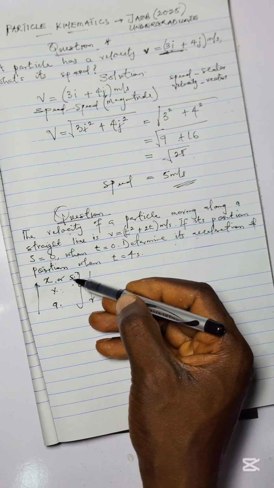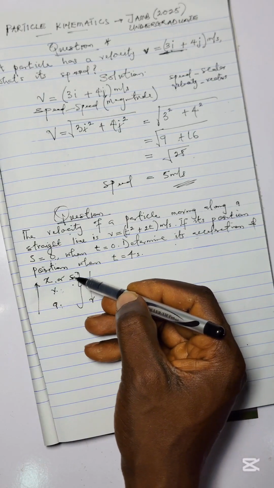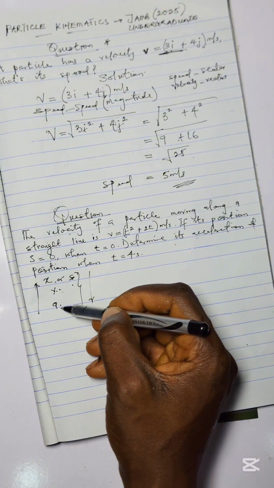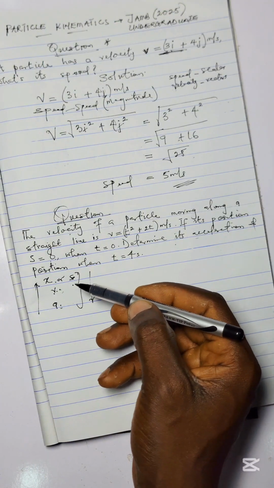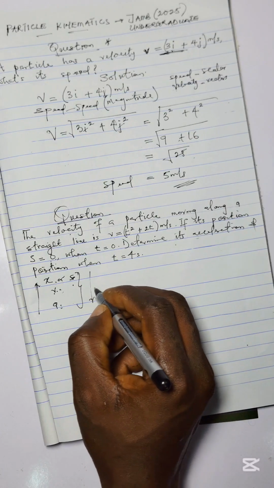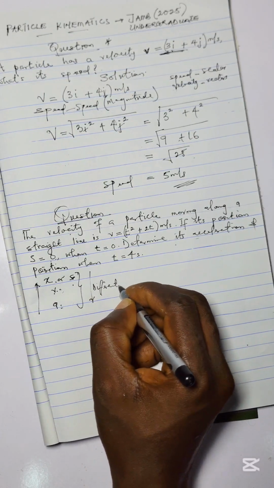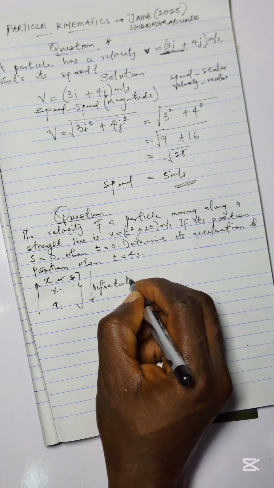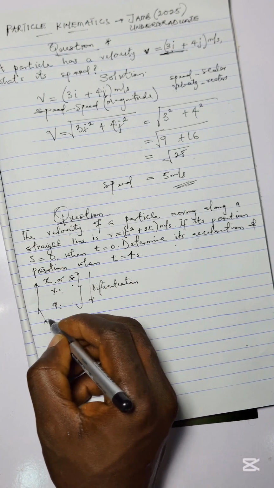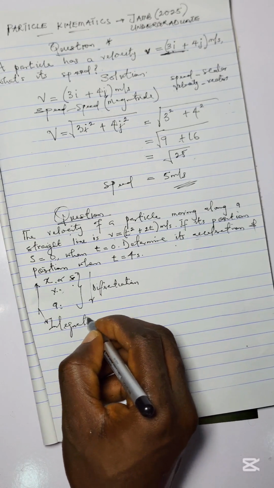When you are coming from displacement to velocity to acceleration, it's as if you are going higher because you are going from a lower quantity to a higher quantity. The operation is differentiation when you are coming down. When you are moving up, the operation is integration. Now, how do you differentiate and integrate?